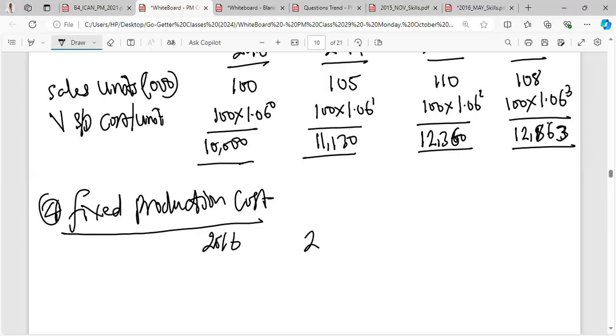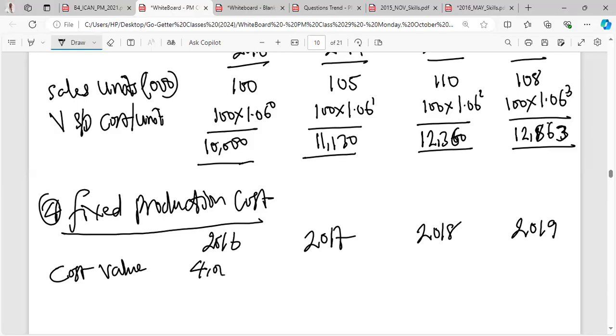2016, this is 2017, this is 2018, and this is 2019. We now say cost value is going to be 4,000 in each of them.